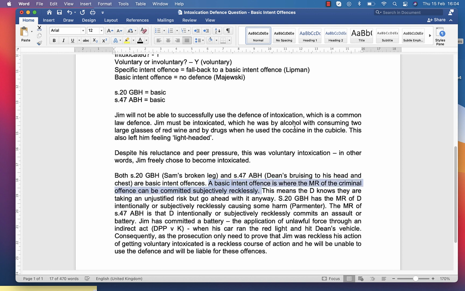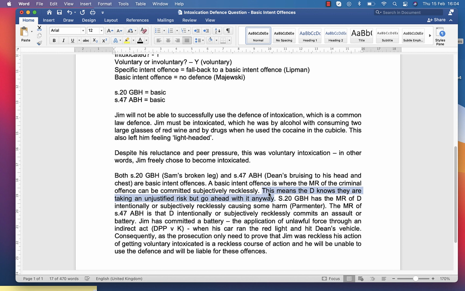A basic intent offence is where the mens rea, remembering, of course, in the exam you are allowed to put the abbreviation MR for mens rea for AQA, of the criminal offence can be committed subjectively recklessly. And then I felt like, as part of my analysis and explanation, I wanted just to explain that. So I put there, this means the defendant knows they're taking an unjustified risk, but goes ahead with it anyway. So I've explained what a basic intent offence is.